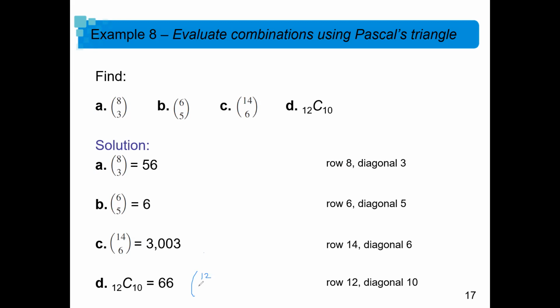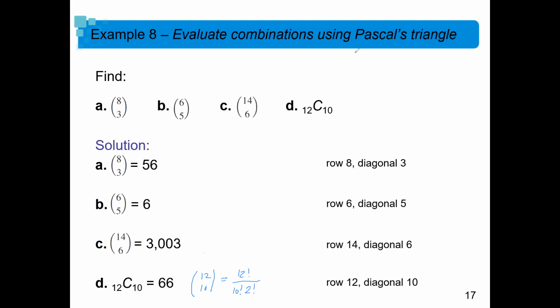And if you use the formula, that's 12 factorial over r factorial, which is 10 factorial, and 12 minus 10 is 2 factorial. And so if you use that formula, we should get 66.